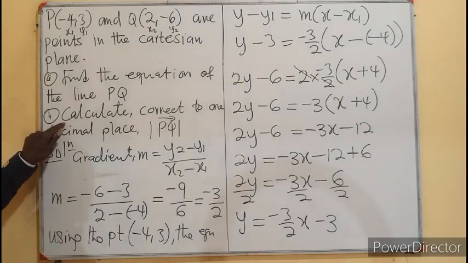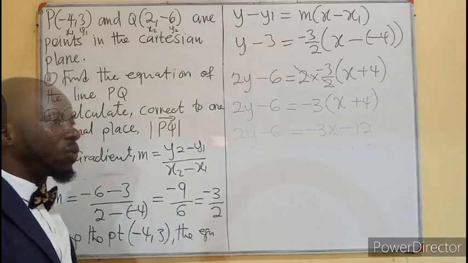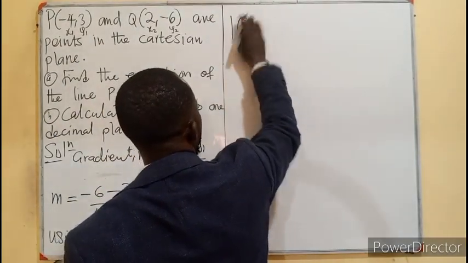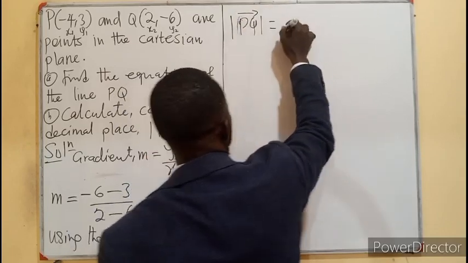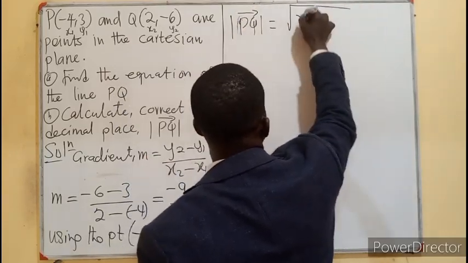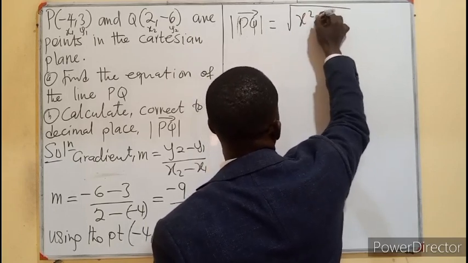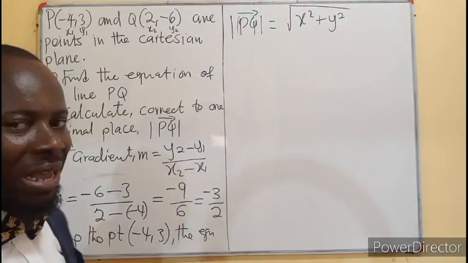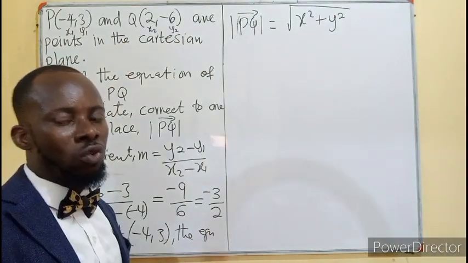The second part, we are to find the magnitude of PQ. So how do we find magnitude? We know the magnitude of PQ is going to be the square root of x squared plus y squared. It could be x1 minus x2 all squared plus y1 minus y2 all squared.